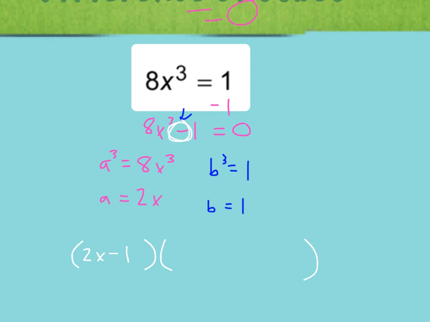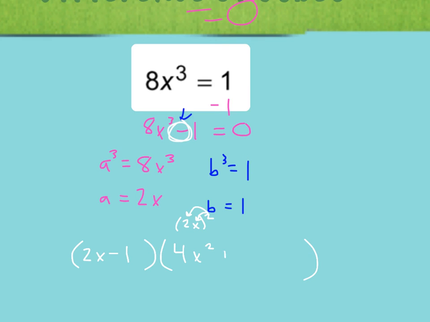Next, we have a squared. So how do we write a squared? 2x squared. But the 2 is also being squared. So what's 2 squared? 4x squared. So this is 2x squared. We have to distribute that squared to the 2 and to the x. So it is 4x squared.